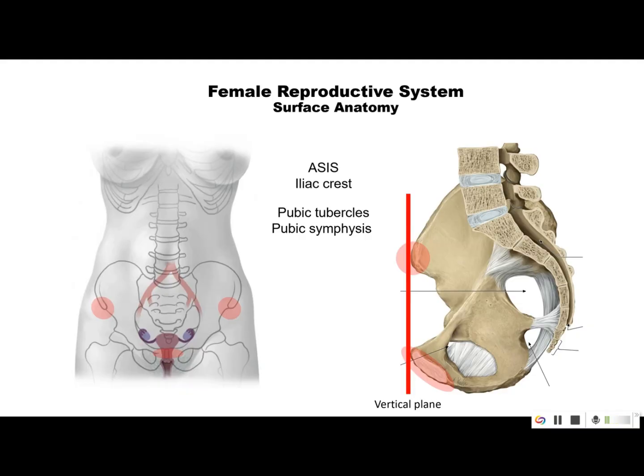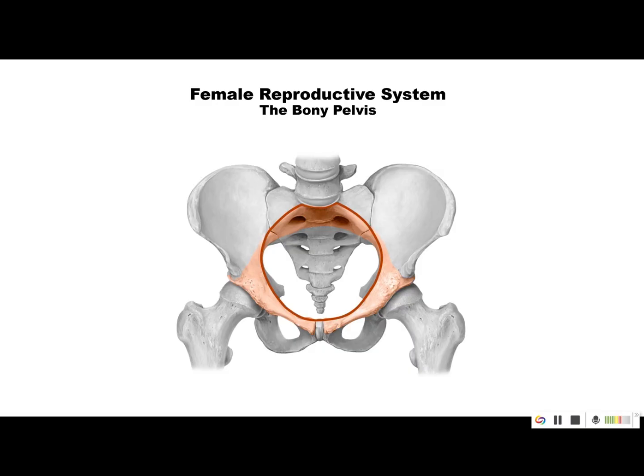The pelvis is made up of two hip bones, the sacrum, and the coccyx of the lower spine. These bones are held together in the shape of a basin by ligaments and muscles.